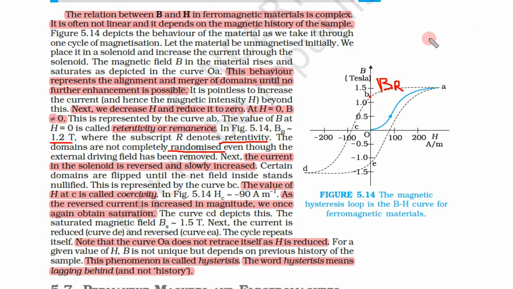Definitely they are not all in the same direction, but some of them are randomized. Some decrease is there, but not completely zero, even though the external driving field is removed. So what is the sentence? The domains are not completely random even though the external driving field is removed.